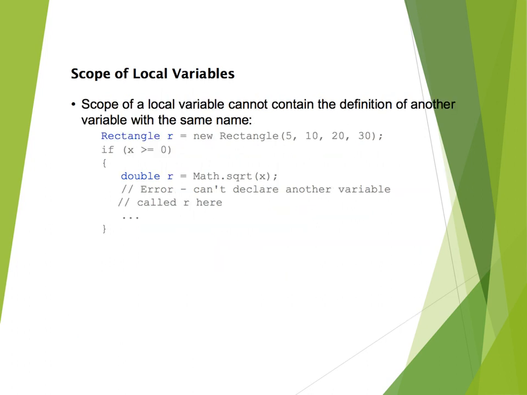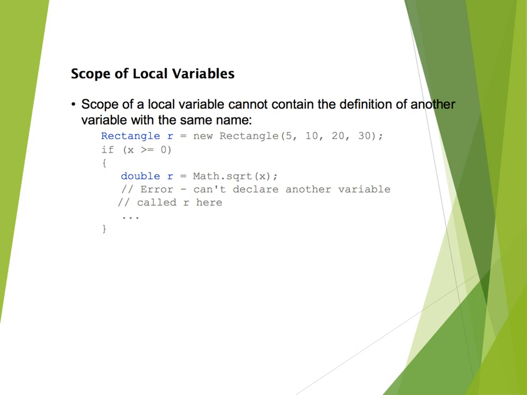However, if you have a variable like r with this scope, from the point that we declare it all the way down to the end of the block that encloses it, and then inside that block we define another variable with the same name, then the Java compiler has no idea what r refers to.